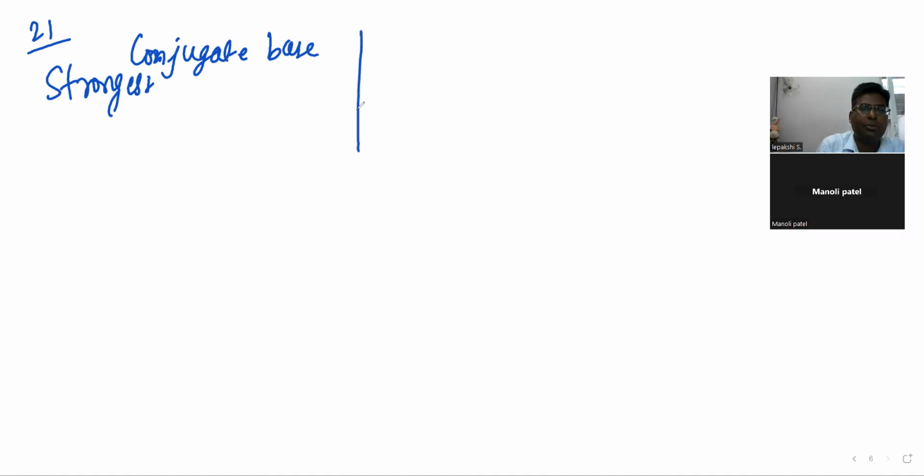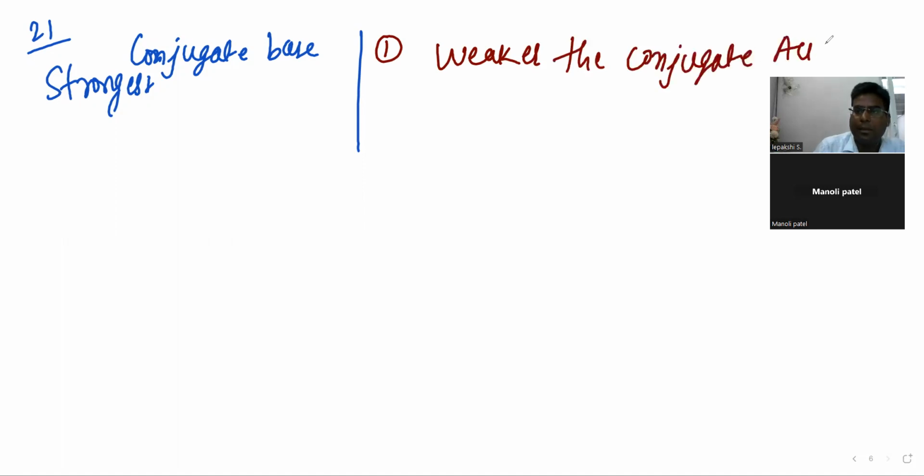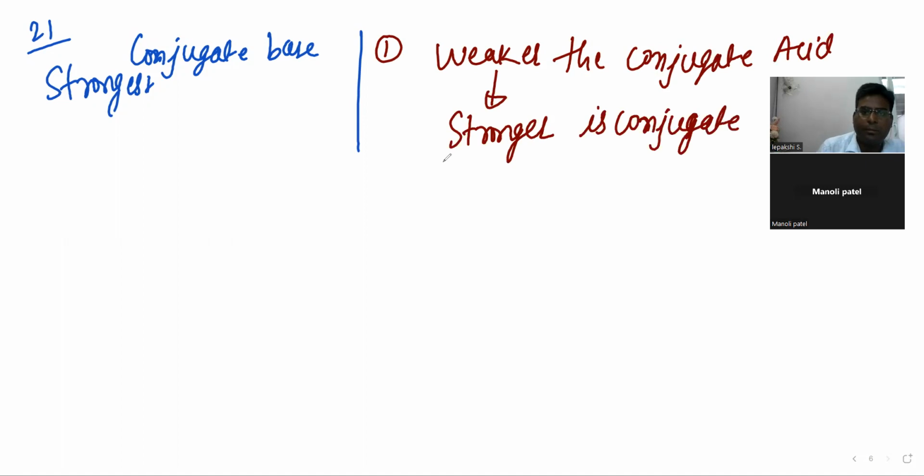So this statement should be valid. The weaker the conjugate acid, the stronger is the conjugate base, right?